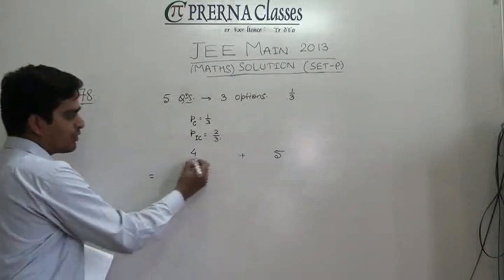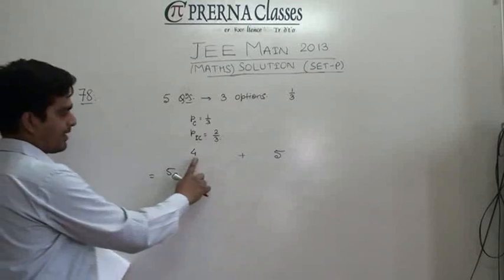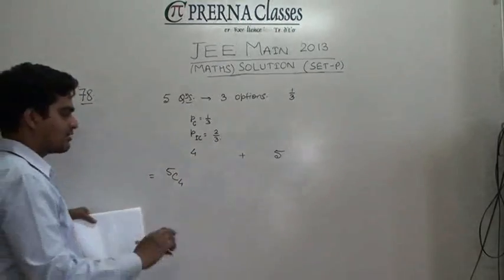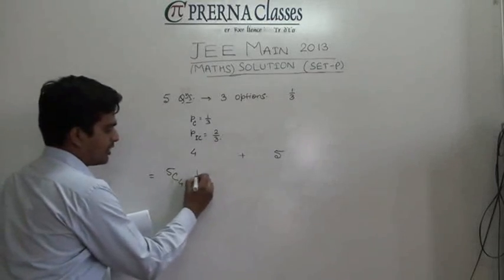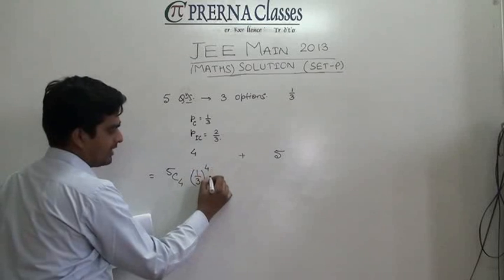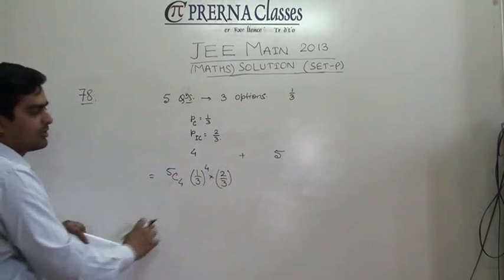For this case, which 4 makes a difference? So we need to select those 4 questions out of 5 which he is going to attempt by guesswork and get correct. Since he is guessing 4 times correctly and 1 time incorrectly, that probability is going to be this.